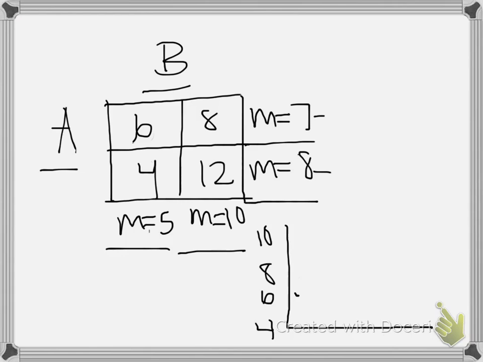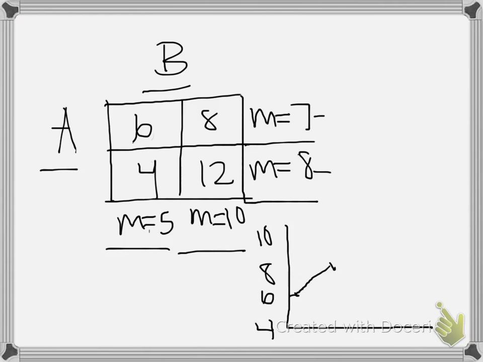M equals 7 probably right there, and then M equals 8, if you go over 1, will probably be right there. And then if you want to draw a line, you can, and when you draw a line, you get that.